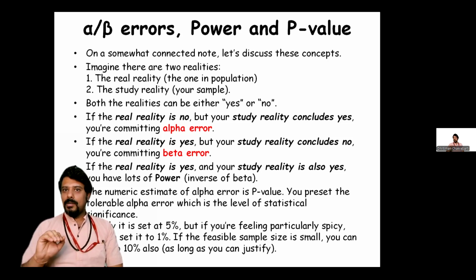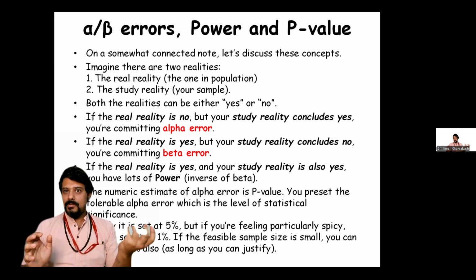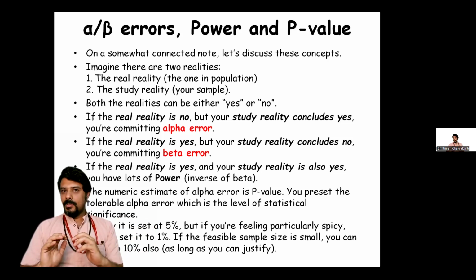If you are okay with a 5% tolerance of alpha error, like 5% of the times, if your study concludes yes and the real reality is no, you are fine with that, as long as it is less than 5%. If it is more than 5%, then you cannot trust your results.